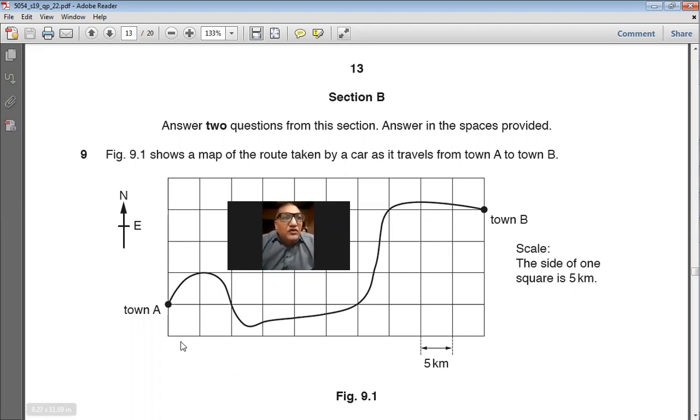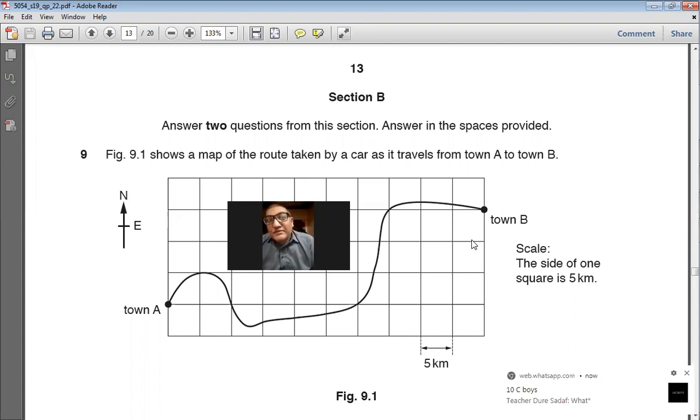If you look here carefully, try to understand this. Just count 1, 2, 3, 4, 5, 6, 7, 8, 9, 10. So these are 10 squares along the x-axis, which means 50 kilometers. And on the y-axis, it is 1, 2, and 3, which means 15 kilometers.